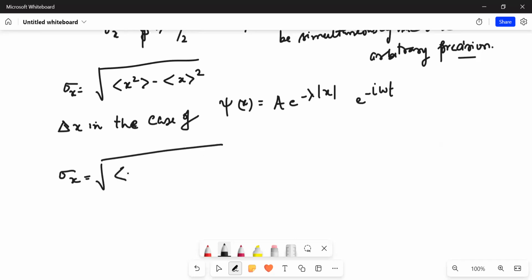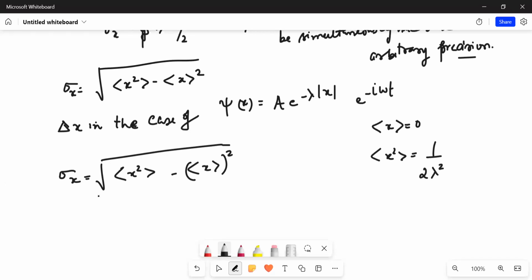It is equal to root over expectation value of x square minus expectation value of x whole square. We found that expectation value of x is simply 0, and expectation value of x square is equal to 1 upon 2 lambda square. So if I use this, I'll get the uncertainty in the position measurement, which is root over 1 upon 2 lambda square, equal to 1 upon root 2 lambda.